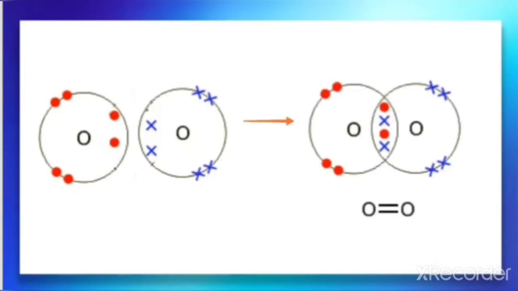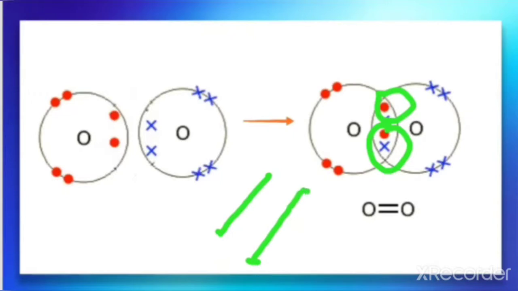Now look here. 2 electrons are being shared. That means each oxygen atom is sharing 2 electrons. So we can say that there are 2 pairs of shared electrons. I told you one pair of shared electrons means a single line, that is a single bond. When there is one more shared pair of electrons, then we have to make 2 lines.